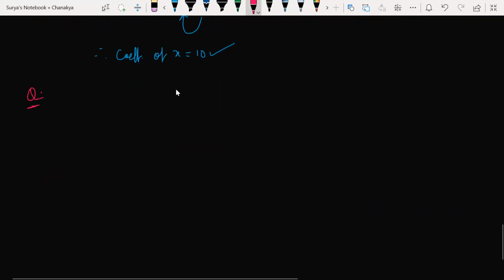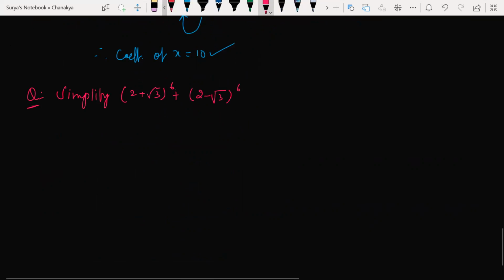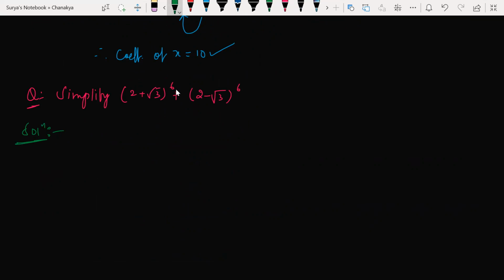Next question. Simplify, a very simple question. How can I simplify? Look at this plus this, by using the formula here.